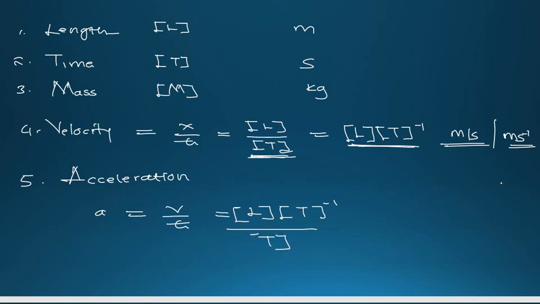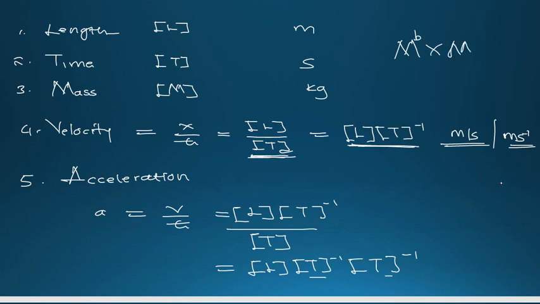So what you are going to do now, we are going to take T on top. Taking T on top, guys, it is going to gain a negative. It is going to have T to the power negative 1. Now you can see that we have T and T. When some bases are multiplying, guys, we add the powers.